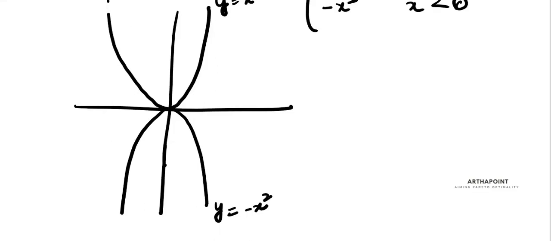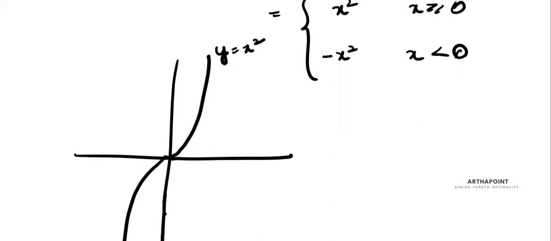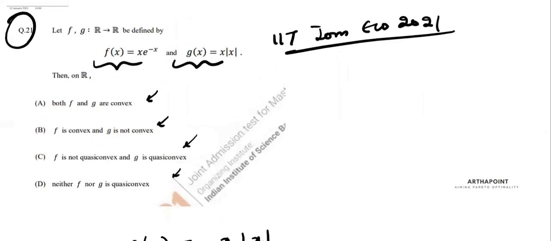Now, if I remove this part and I remove this, I have this function, very similar to x cube. Not x cube, of course, but the shape is very similar to that. So this is y is equal to x mod x. Now we should see whether it is convex, concave, what.